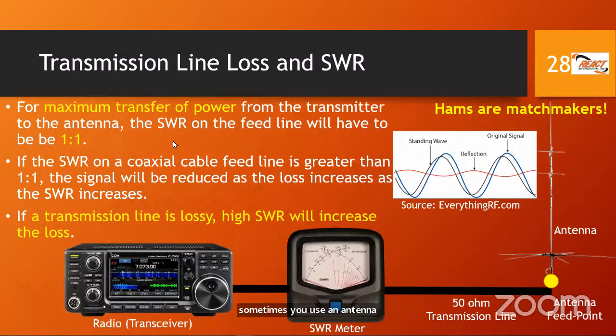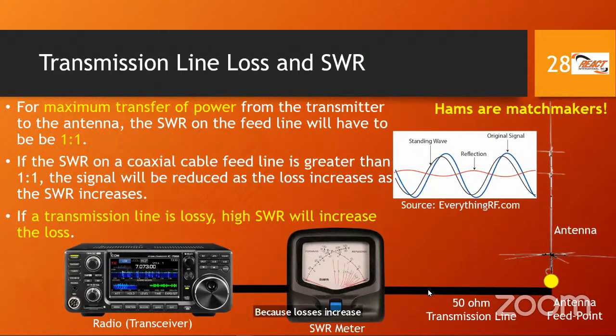All right. So we said that if we want to have maximum transfer of power from our transceiver or transmitter to the antenna, we need to have a SWR of 1:1. That's the ideal SWR. So if it is that for coax cable, that type of transmission line, if the SWR is greater than 1:1, what happens is that the signal will be reduced because losses increase as SWR increases, right?